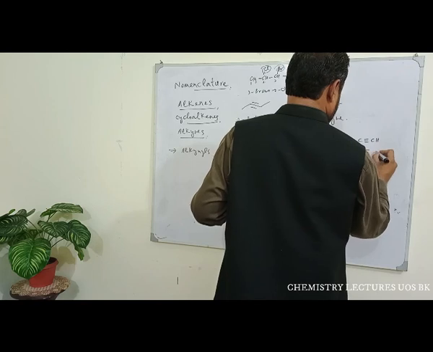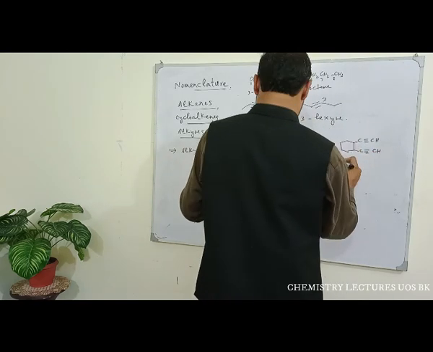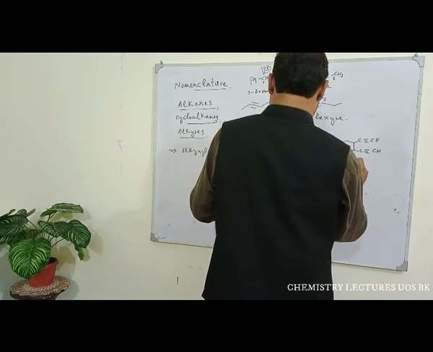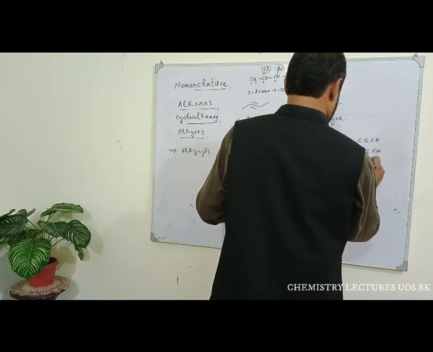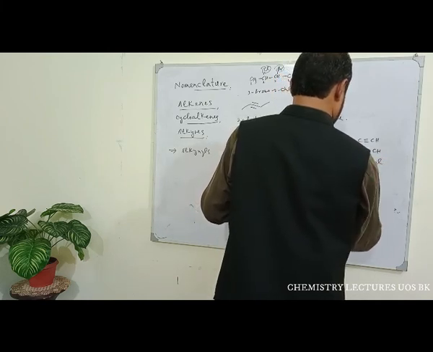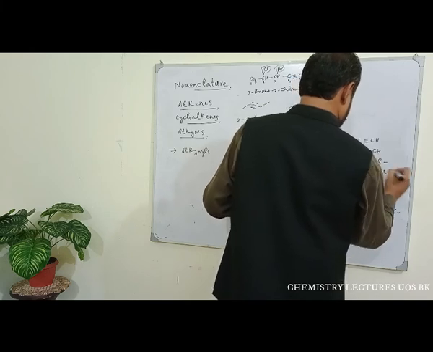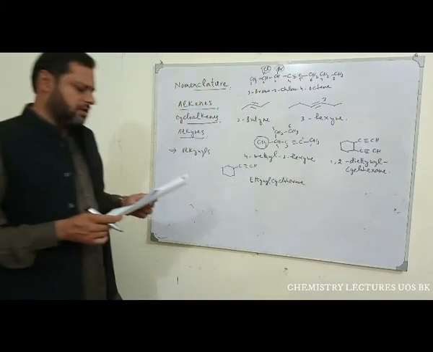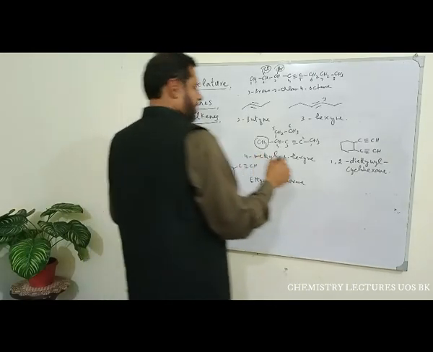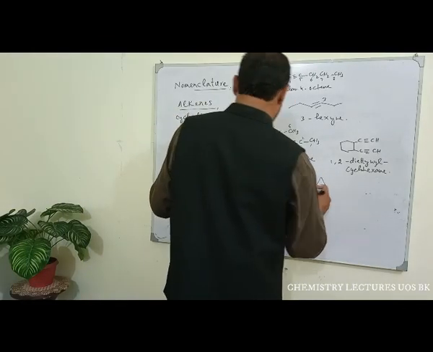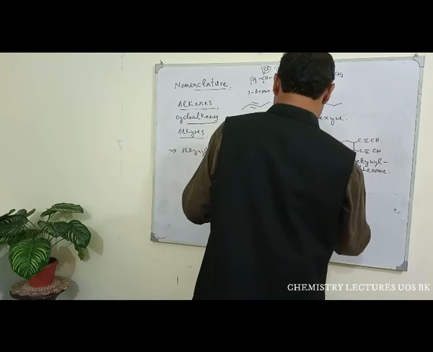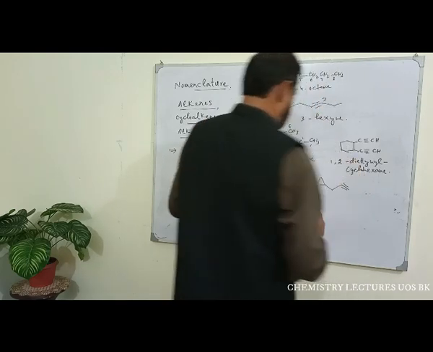it will be 1,2-diethynyl cyclohexane. 1,2-diethynyl cyclohexane. Similarly, if you have a cyclopropane ring, and with the cyclopropane ring you have this group.